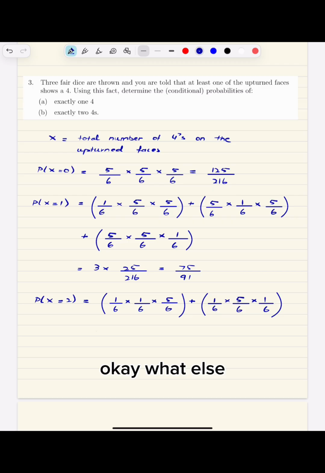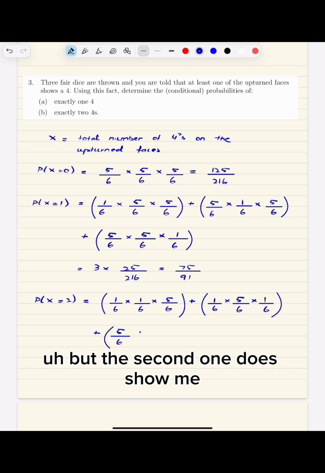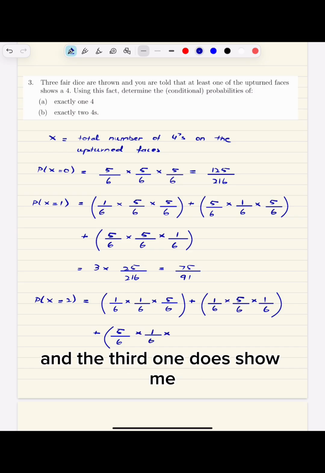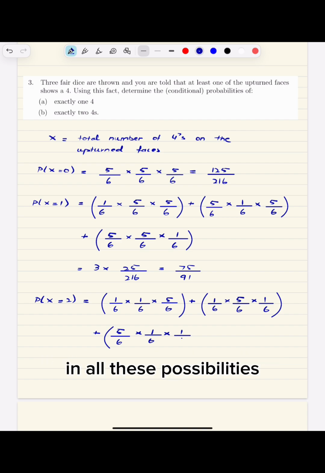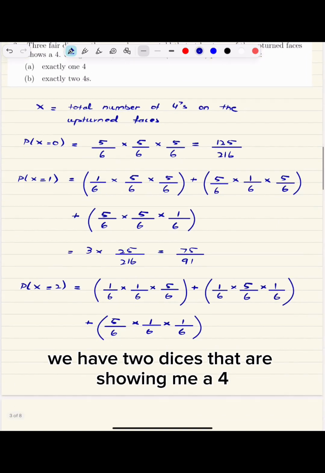Okay, what else? The first one does not show me a 4, but the second one does show me and the third one does show me. In all these possibilities, we have 2 dice that are showing me a 4.